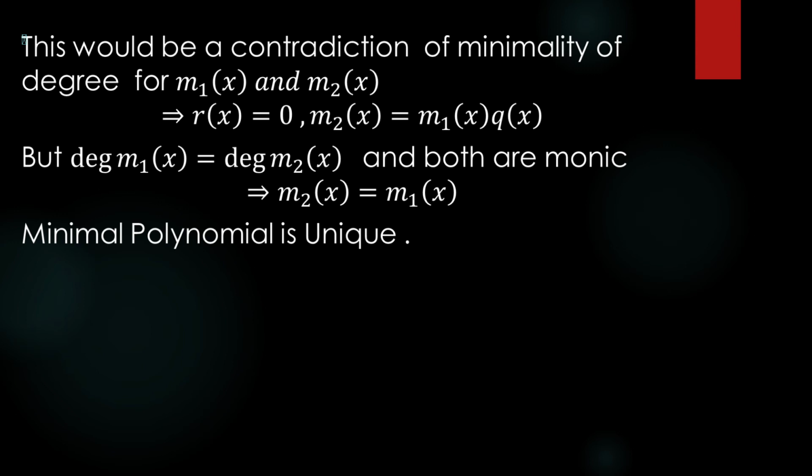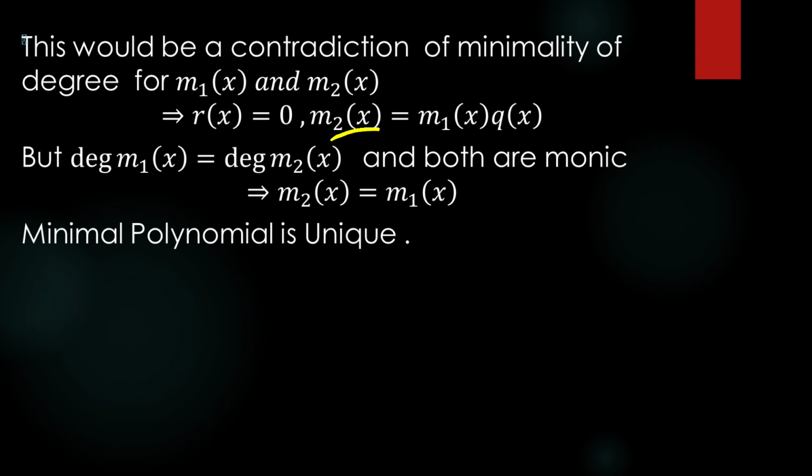And this will be a contradiction of the minimality of the degrees of m1 and m2. So that gives us no other option except that R(x) should be equal to 0, and m2 can only be written in terms of m1 and the quotient.